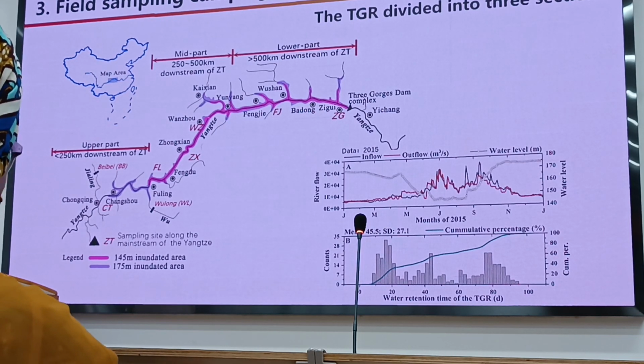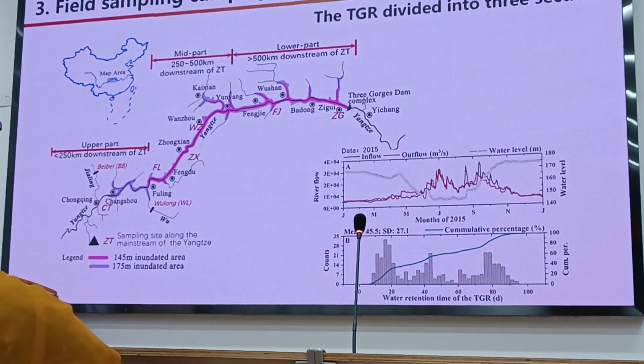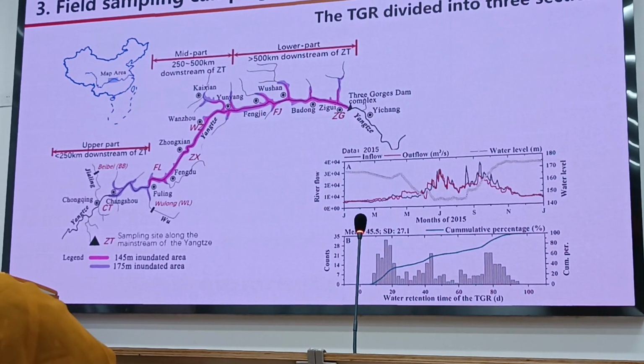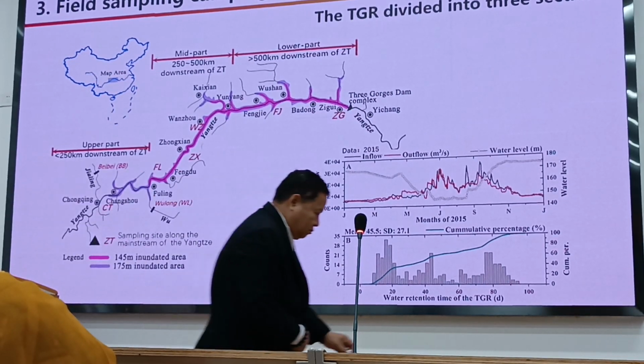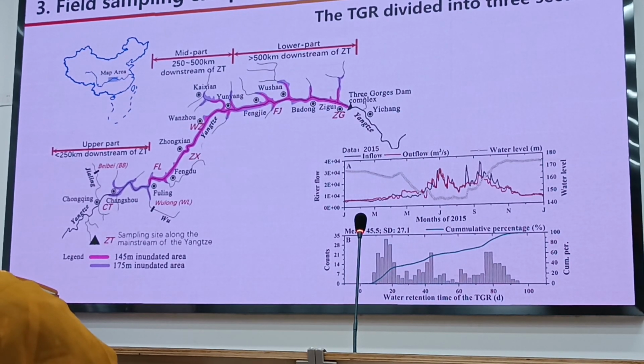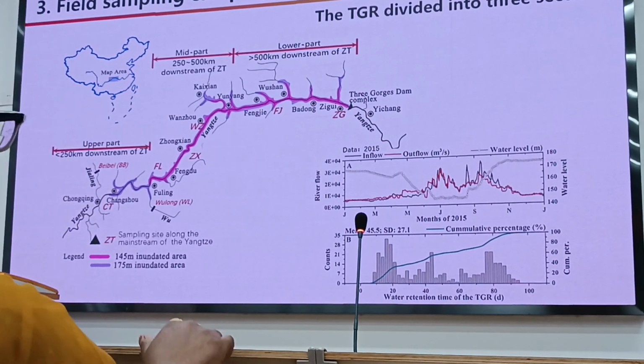Originally, were these areas small tributaries of the Yangtze River, and with the initiation of the Three Gorges Dam, they became more inundated and became lake? Yes. Okay, so there were originally some kind of rivers there, and then they became lakes. Yes. These are tributaries.